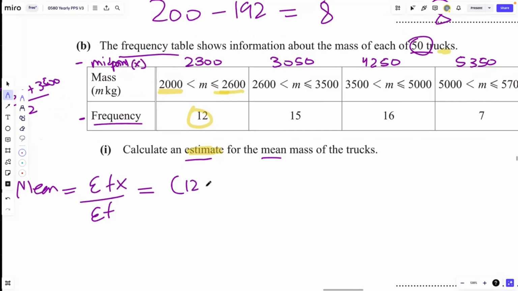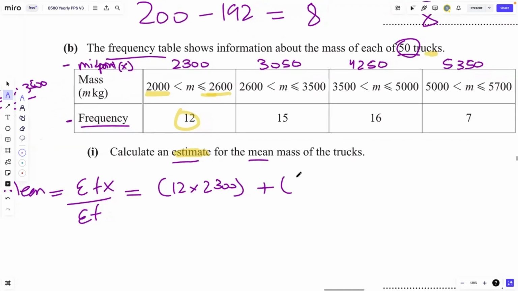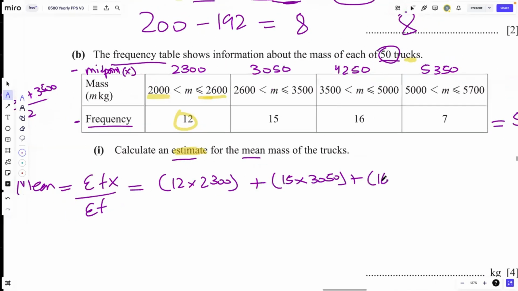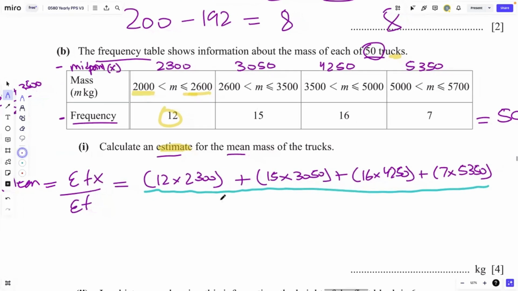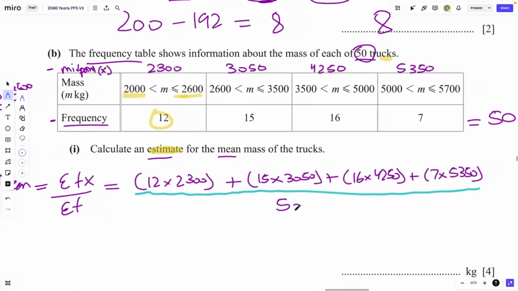So it's going to be 12 times 2300 plus 15 times 3050 plus 16 times 4250 plus 7 times 5350. And the whole thing would be divided by sum of frequency, which is just the total number of values.